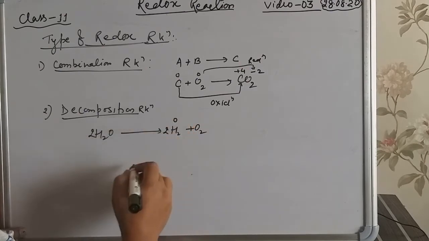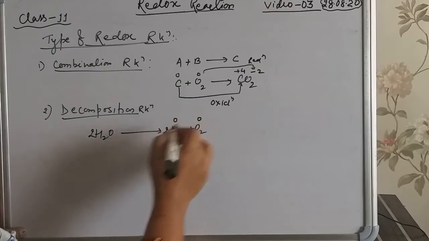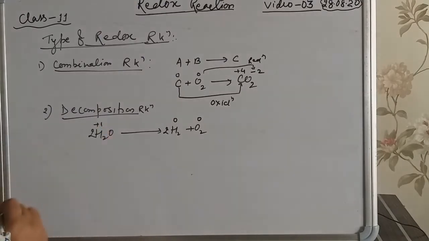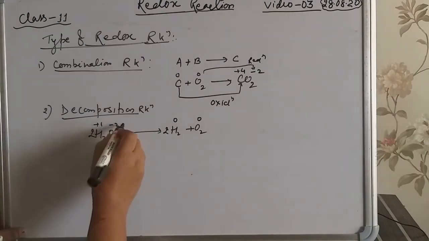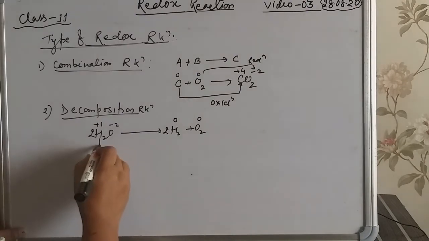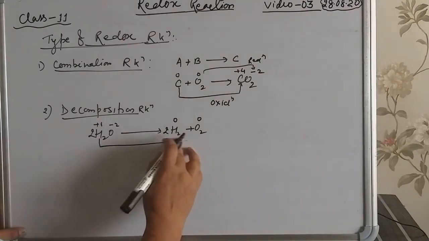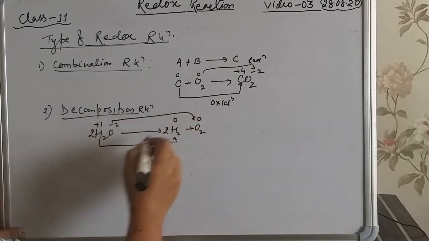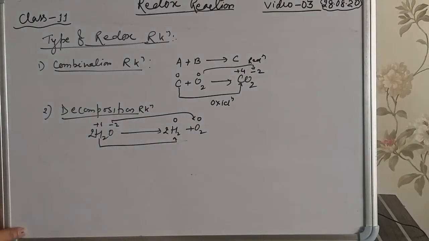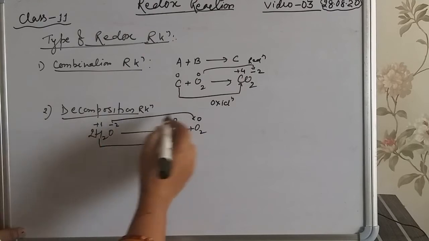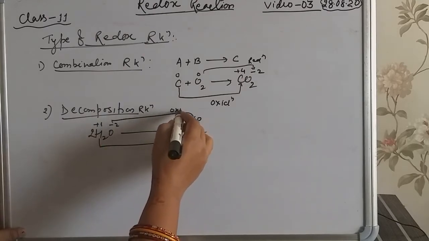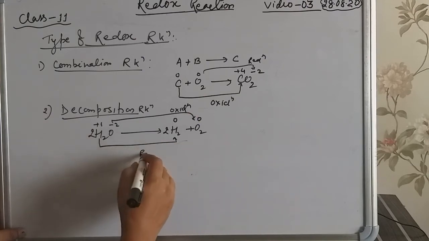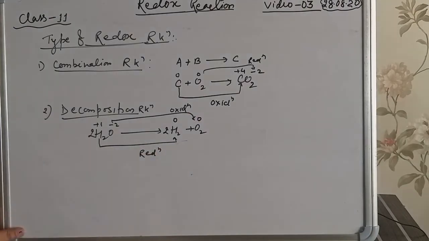Hydrogen is in the zero oxidation state, oxygen is also in zero oxidation state. Here hydrogen is in +1 oxidation state and oxygen in -2 oxidation state. So find out the oxidation and reduction. Simply -2 to 0 is an increase in oxidation number, so oxidation takes place, and +1 to 0 is reduction.